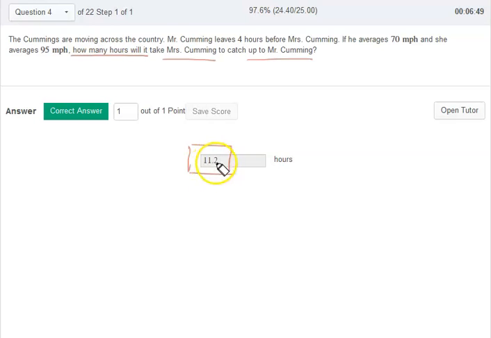Now, 15.2 was the time it took the husband to get to that point. So in order to get the answer for the wife, remember the wife's time is 4 hours less than that.